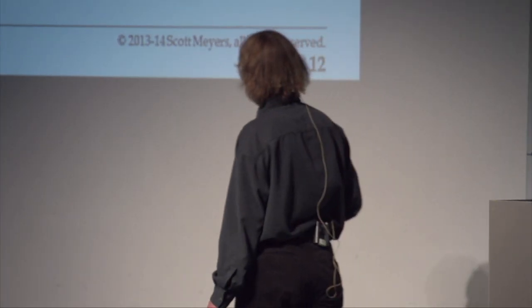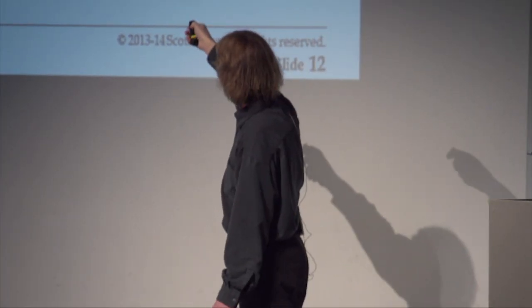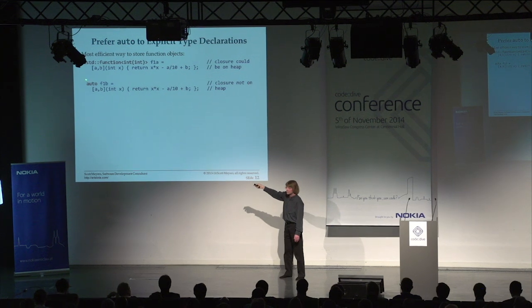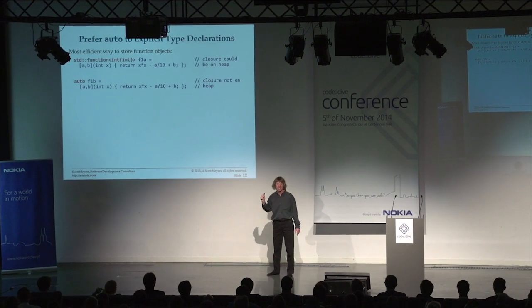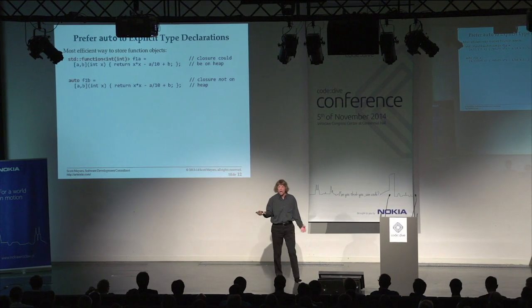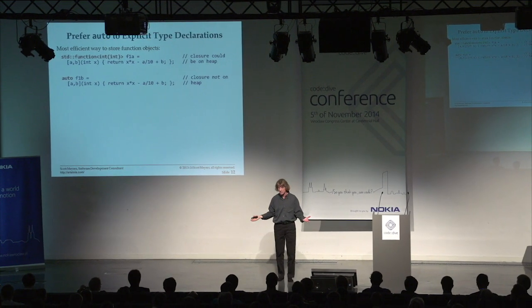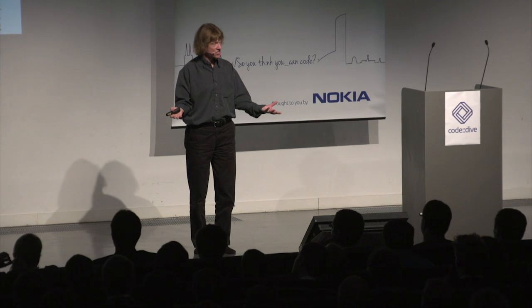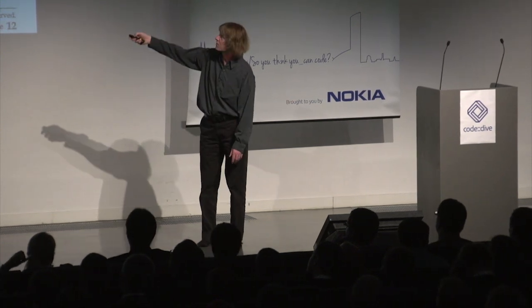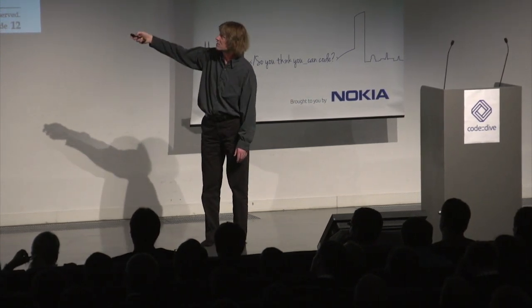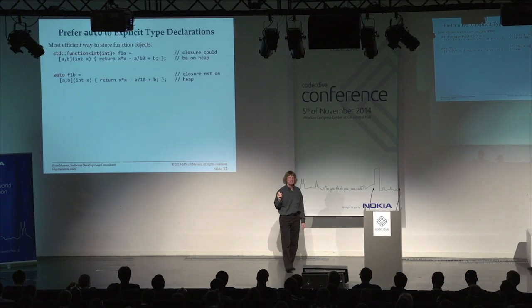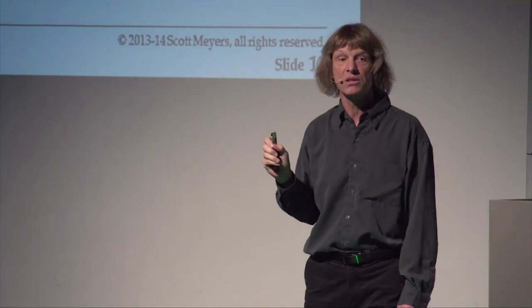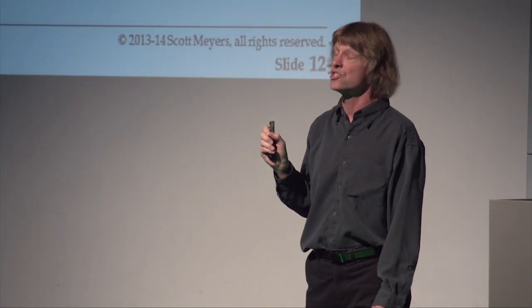On the other hand, if I have exactly the same lambda and I store it inside an auto, then the compiler will say, okay, what is the type that is created from this lambda expression? It knows what the type is, the compiler is compiling it. It'll then figure out how much space is necessary for it, and auto will then become an object of that type, which means that f1b is an object that has exactly as much memory as is needed to store the result of that lambda expression, and it is not on the heap.